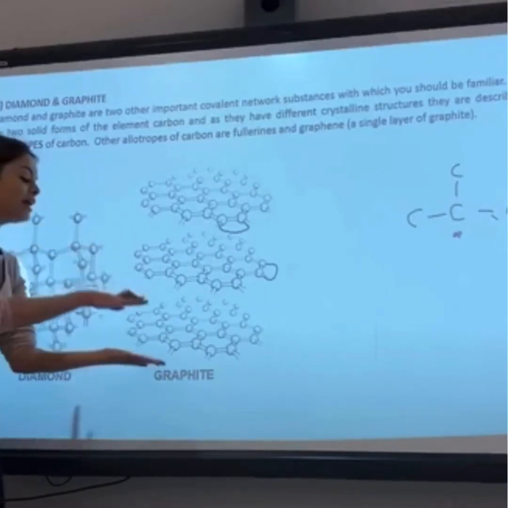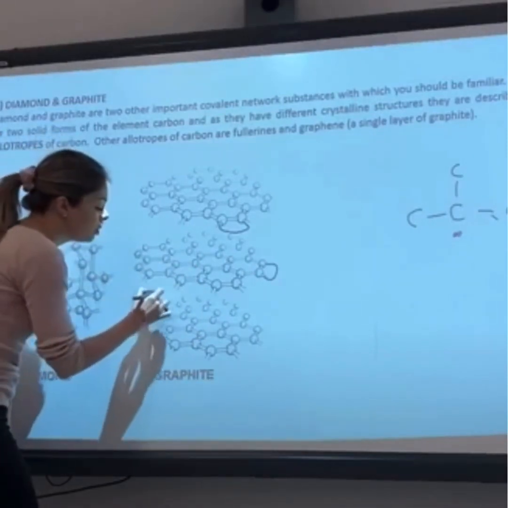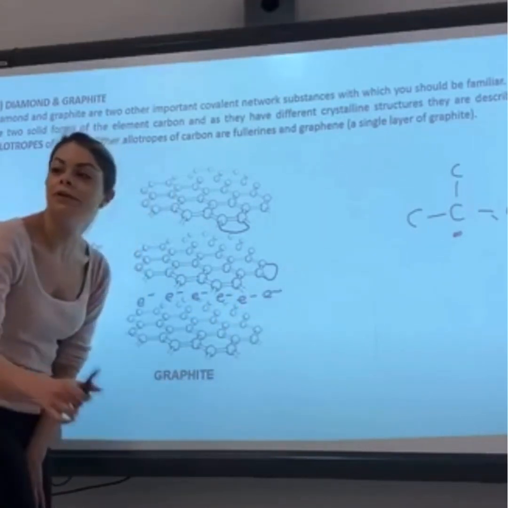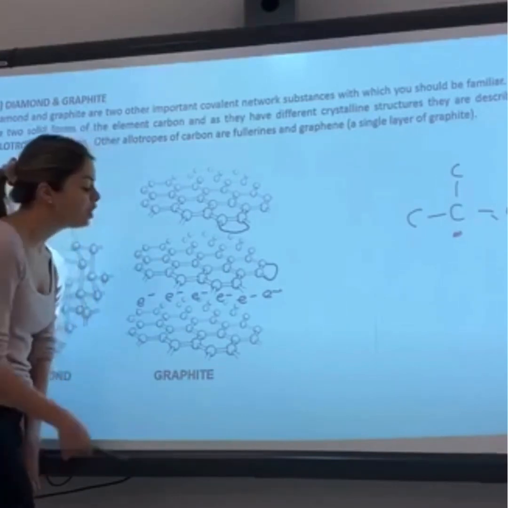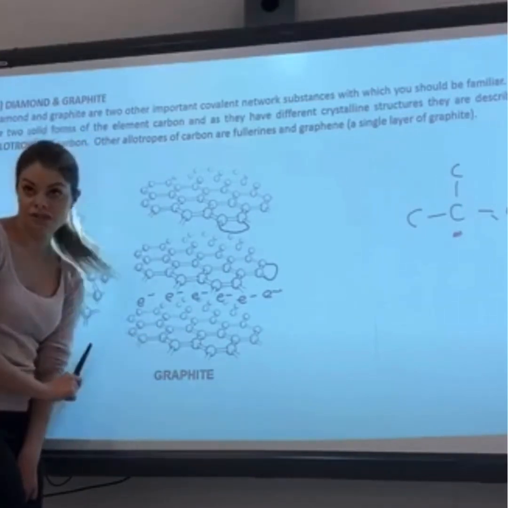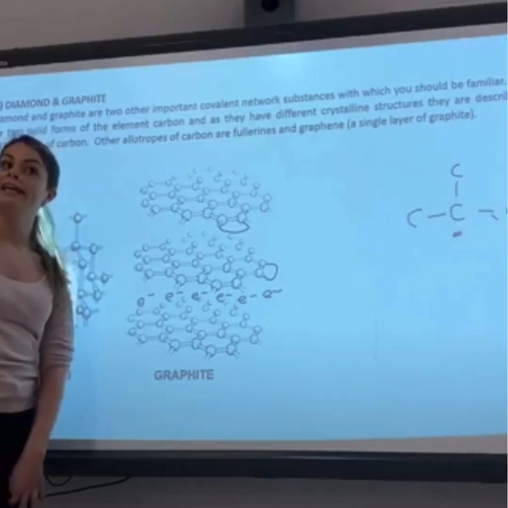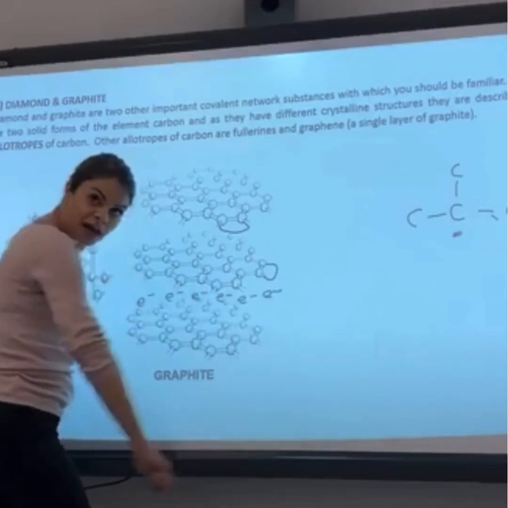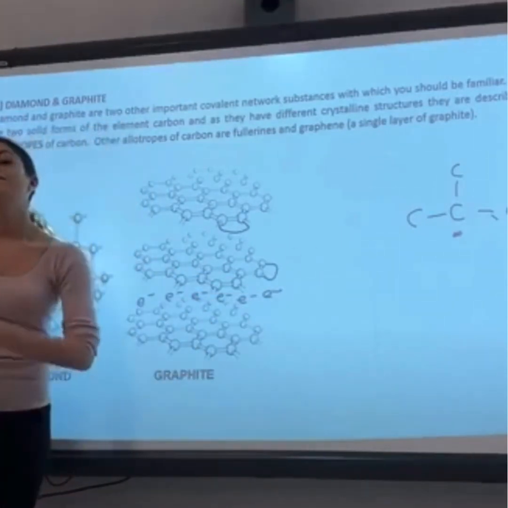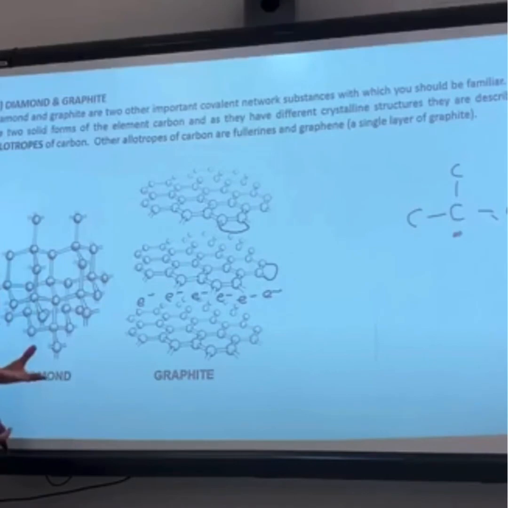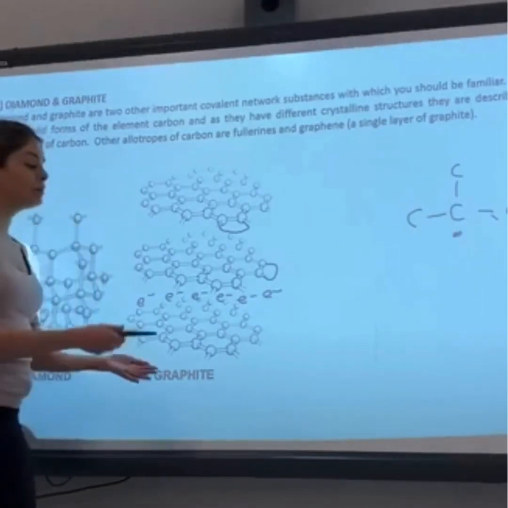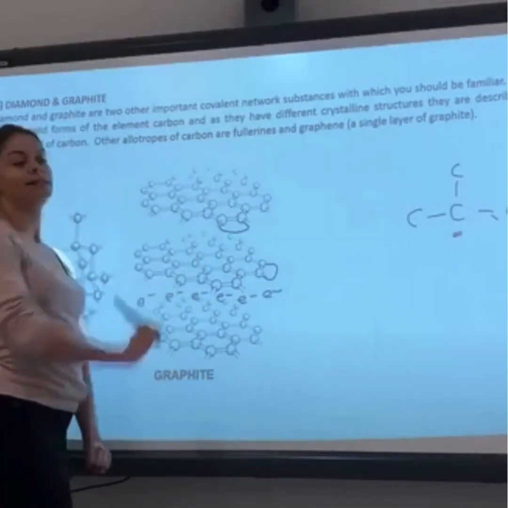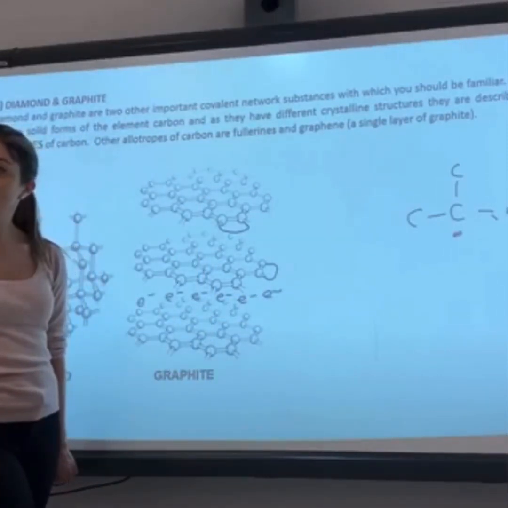So in between my layers of graphite, I've got lots and lots of delocalized electrons. So graphite can conduct electricity. If I apply a current here, it's going to push the electrons along, and they'll go out the other side. We get electricity. It doesn't conduct electricity as well as a metal because the electrons can only go between the layers, not through the layers. Do you understand?